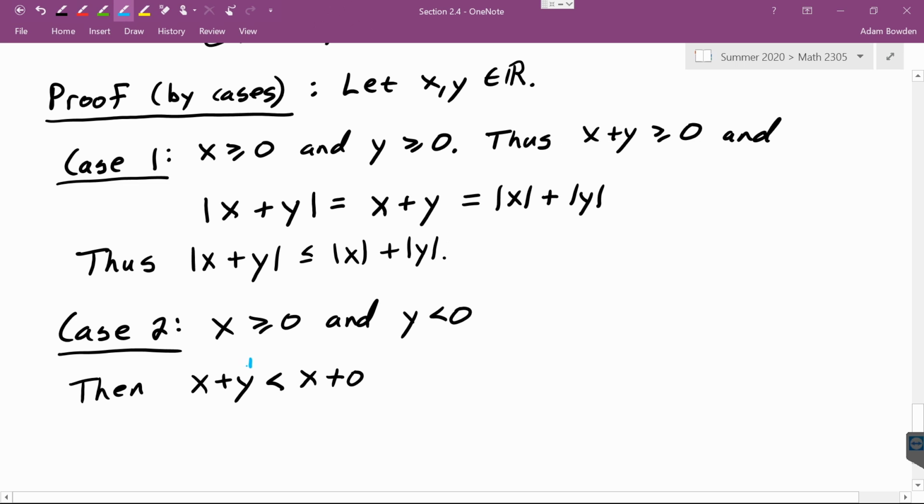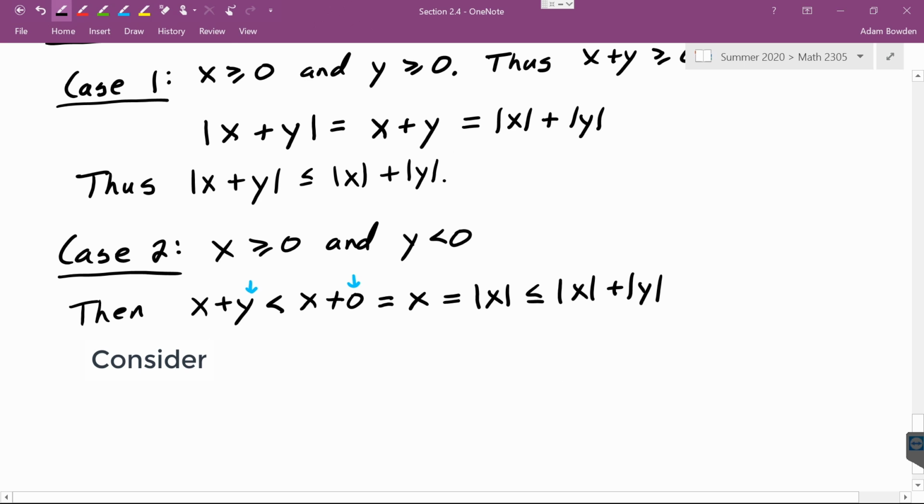We can say this because y is smaller than 0, so it's going to go on the smaller side. And that's the same as just x. And since x is positive, it's equal to its absolute value of x. But the absolute value of x alone has to be less than or equal to the absolute value of x plus the absolute value of y.